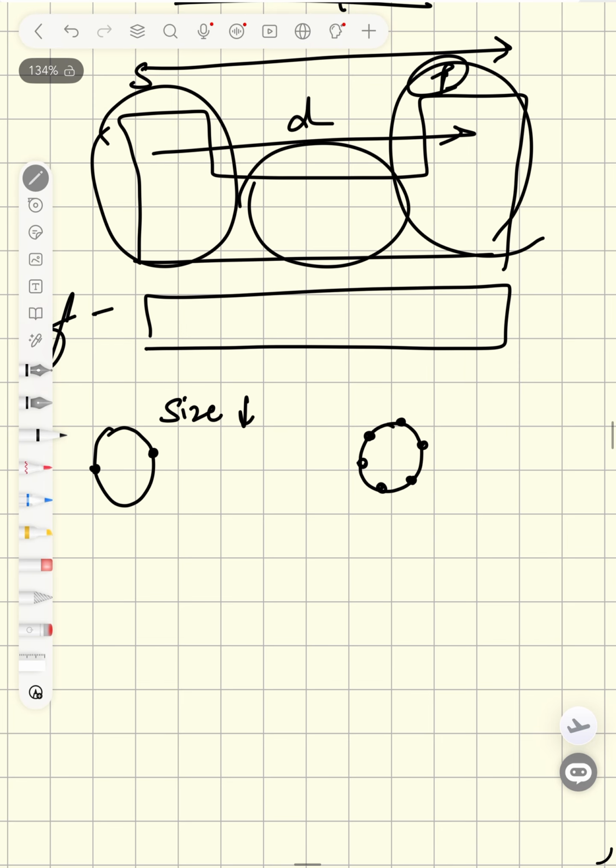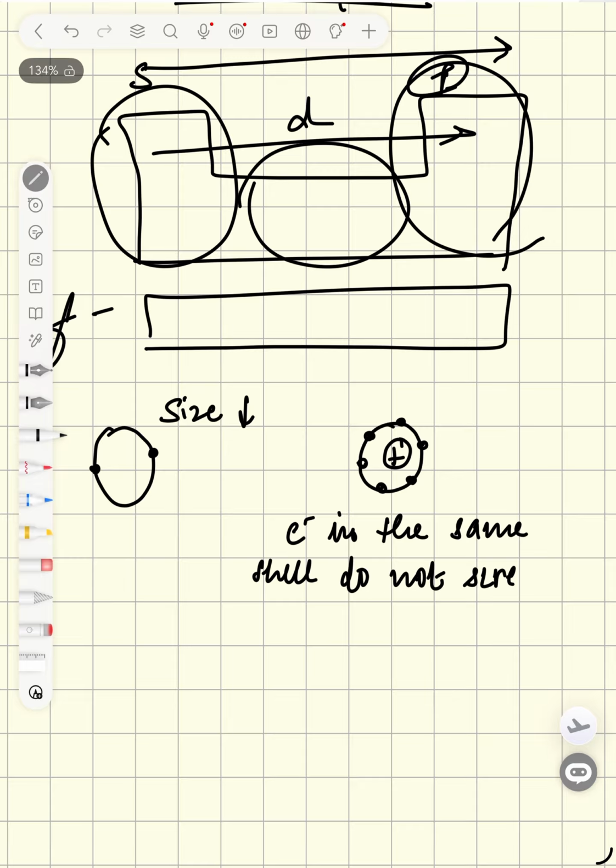Thus, the effective nuclear charge experienced by these electrons increases because electrons in the same shell do not screen each other. It means they do not protect each other from the nuclear charge of the positively charged nucleus, which tends to attract these electrons.